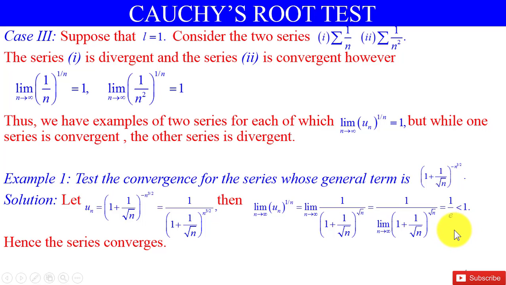Because the value of e is 2.71, 1/e is less than 1. Hence, by Cauchy's root test, the series converges.